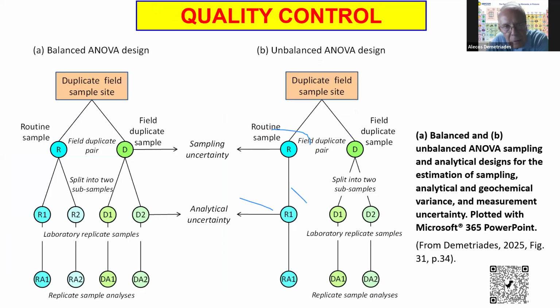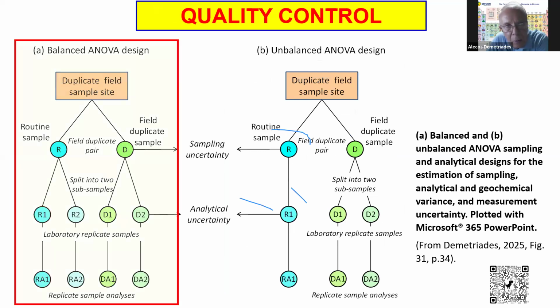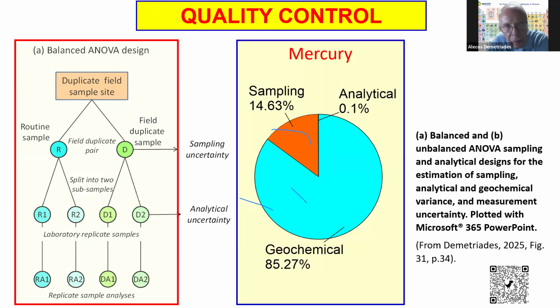is much, much better. Now, we use an ANOVA design, and I always prefer the balanced ANOVA, okay, where we split the routine and field duplicate samples into 2 subsamples, and we finally have this very nice pie diagram where we have the sampling.